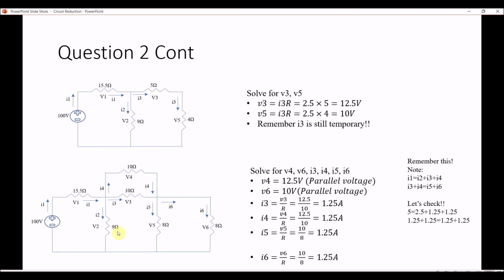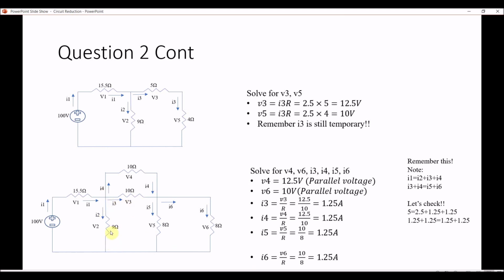I2 has less resistance than I3 and I4. I3 and I4 have 10, I2 has 9, and I2 has more current, 2.5. So I2 has more current than I3 and I4 because it has less resistance.